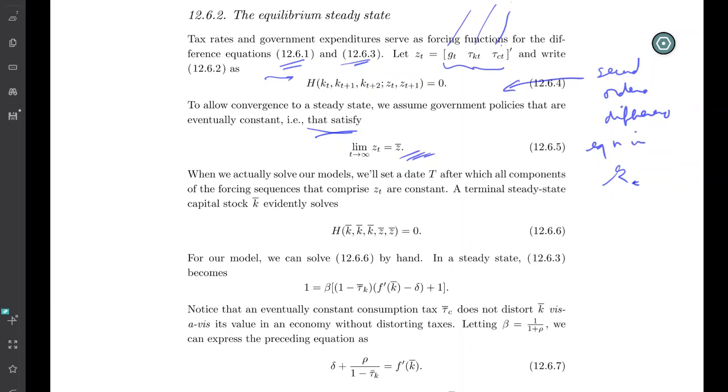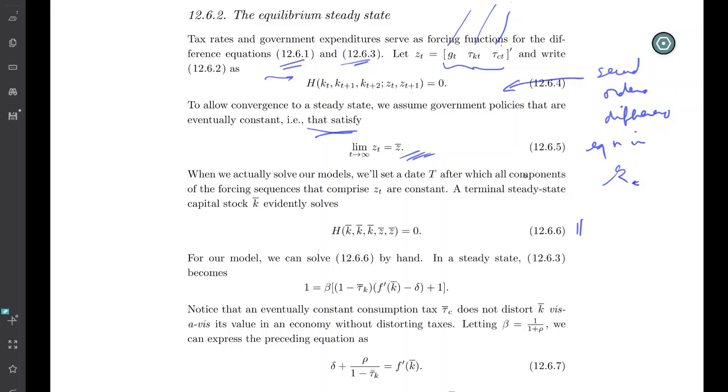And now I want to compute a steady state. So it sounds hard, but it's actually quite easy. Because if you stare at it, you can actually solve this equation by hand, and it gives rise to something classic.